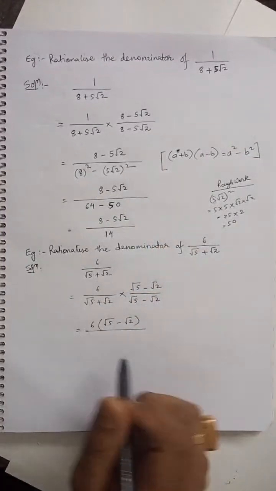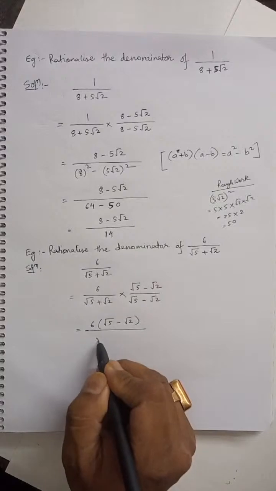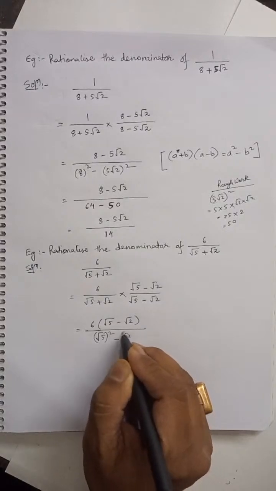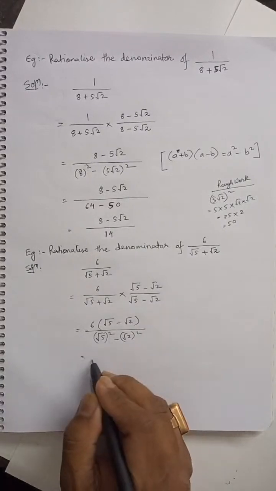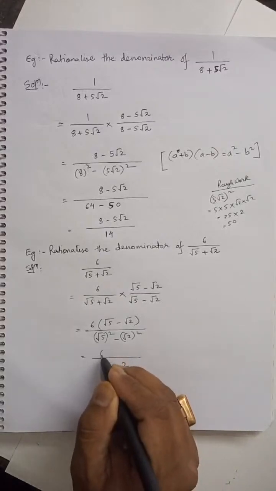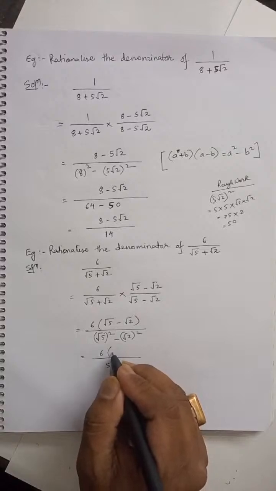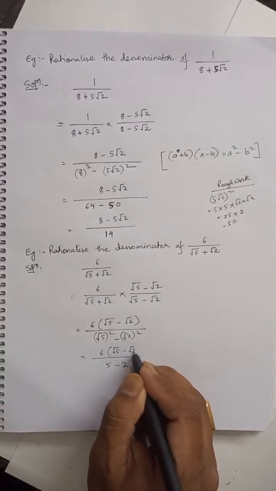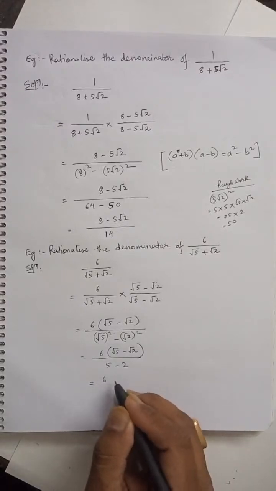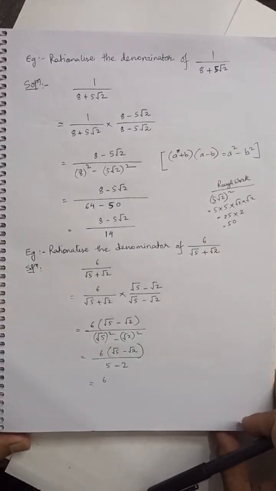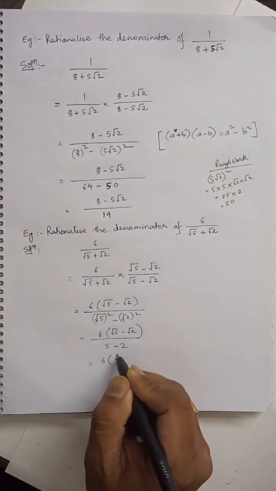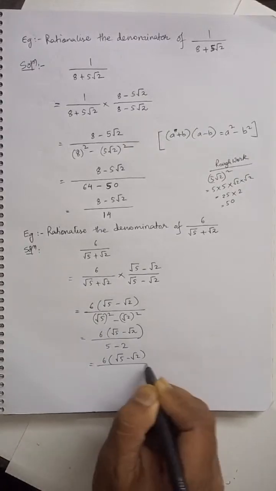In that case we will have root over 5 whole square minus root over 2 whole square. So what is root over 5 whole square? This is 5, and root over 2 whole square is how much? 2. So what is 5 minus 2? 5 minus 2 is 3. So 6 by 3, with root over 5 minus root over 2 in the numerator.